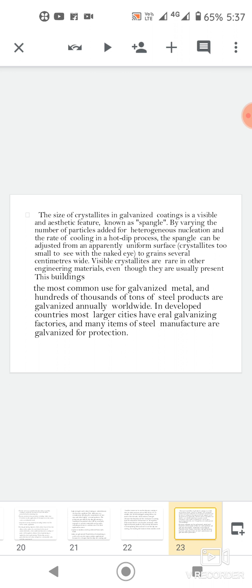The size of crystallites in galvanized coating is a visible and aesthetic feature known as spangle.